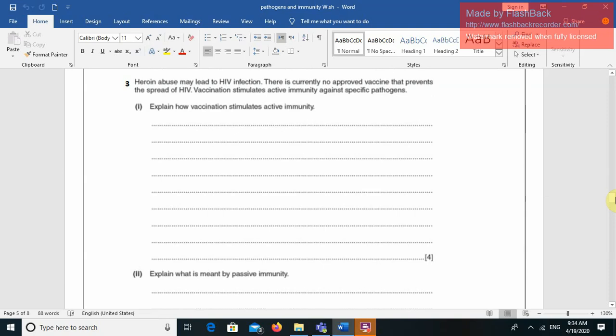So once I say how it provokes the immunity, I don't talk about whether the disease is transmitted or not transmitted from one person or host into another. And I don't talk about the programs of vaccination. So I just talk about how vaccine works.